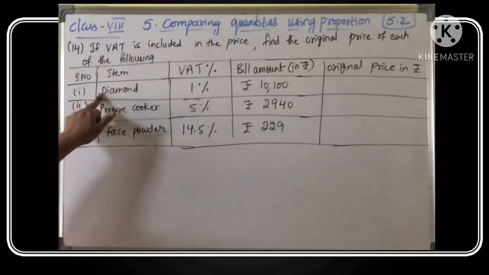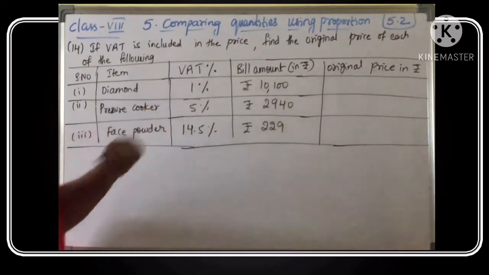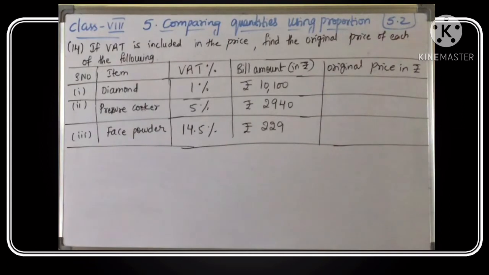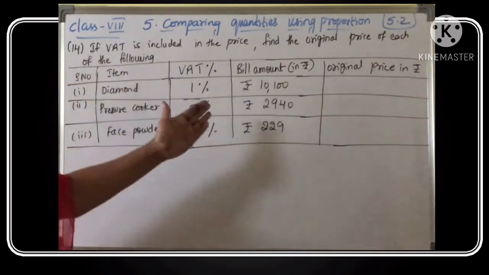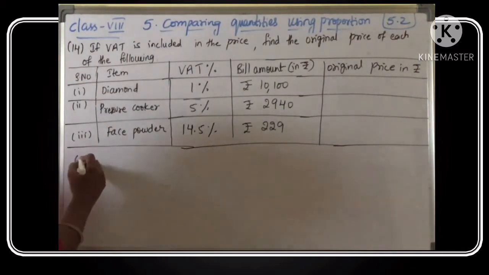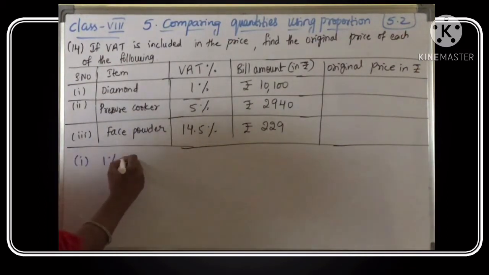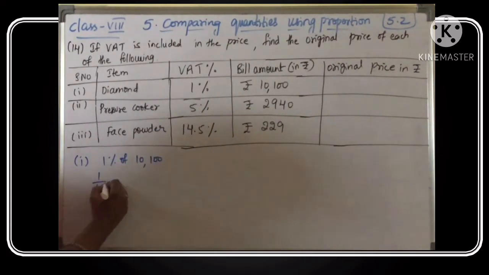Here the first one is diamond. The VAT percentage given is 1% and the total bill is 10,100. So we should remove this 1% VAT from the bill amount, and then you will get the original price. First we will find 1% of 10,100, that is 1 by 100 into 10,100, which is rupees 101.